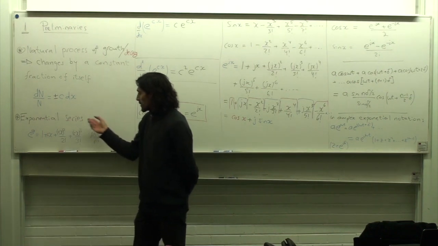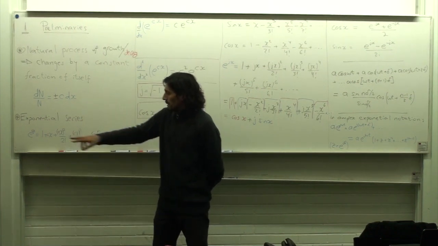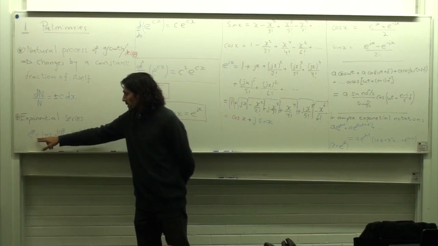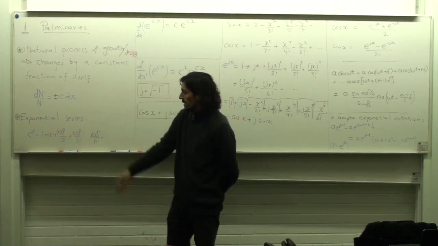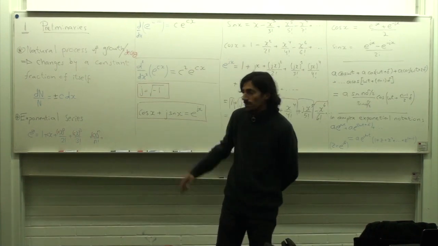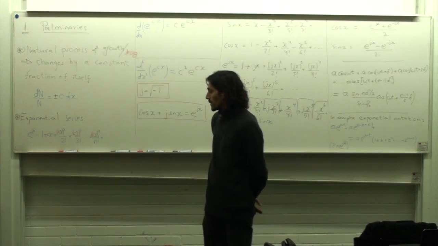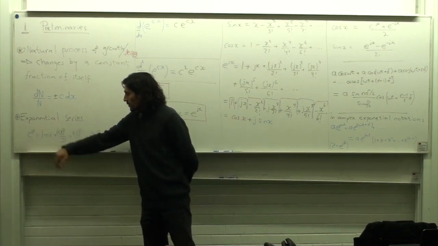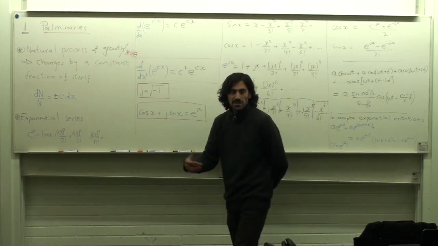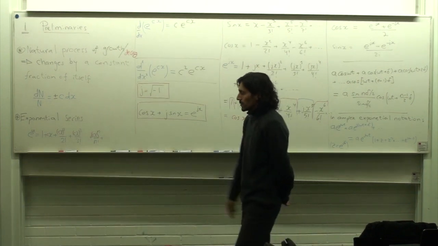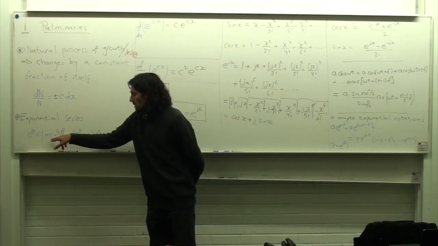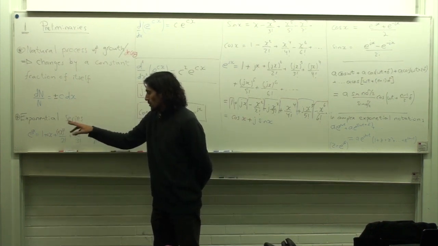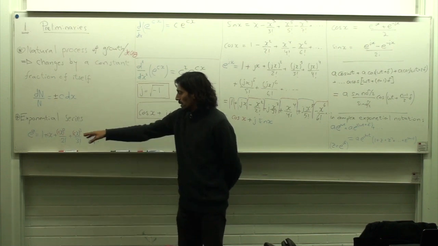The exponential series e to the power x is equal to 1 plus x plus x squared divided by 2 factorial plus x to the power 3 divided by 3 factorial and so on. If you had a constant next to the x, then you just substitute cx instead of x, and you get 1 plus cx plus (cx) squared divided by 2 factorial and so on.